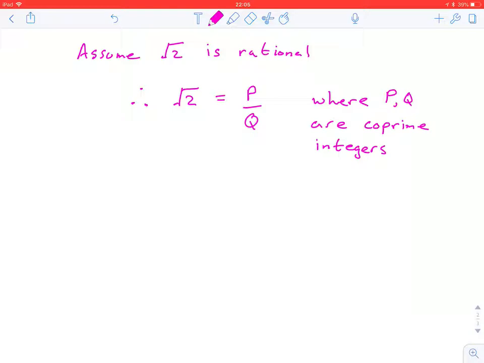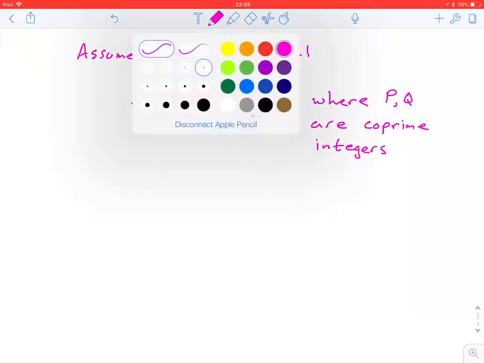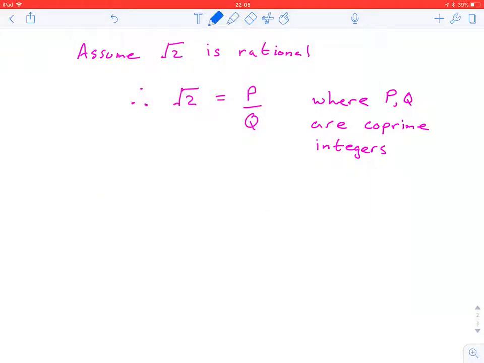Now this proof depends on P and Q being co-prime. So let me just digress to talk about what co-prime actually is. Co-prime integers are integers which don't have a common factor. So let's suppose that the square root of 2 was 24 over 16. If that was the case, we could cancel it down to 12 over 8, then to 6 over 4, and then to 3 over 2.